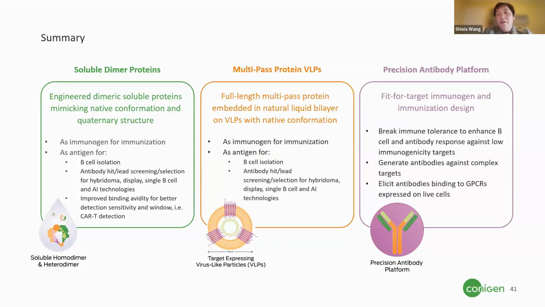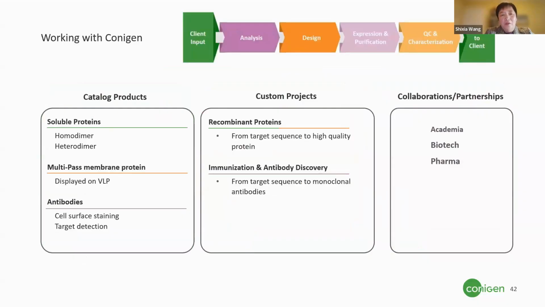The third platform is the precision antibody platform. We have successfully generated antibodies against difficult targets, breaking immune tolerance and also generating monoclonal antibodies. Conigen is not a therapeutic company. We can have multiple mechanisms to support antibody discovery.